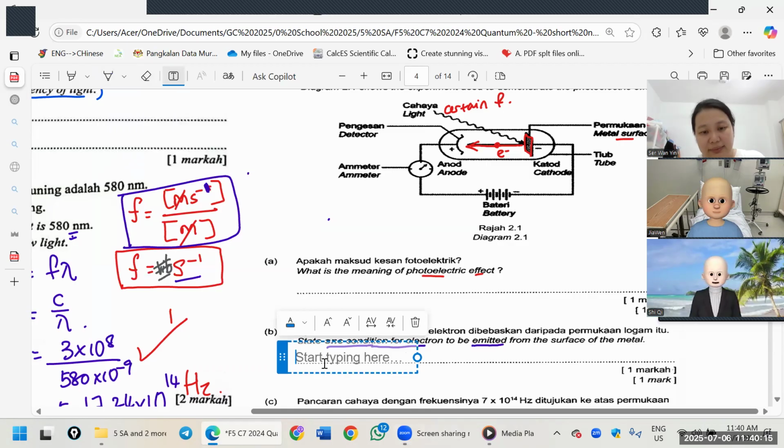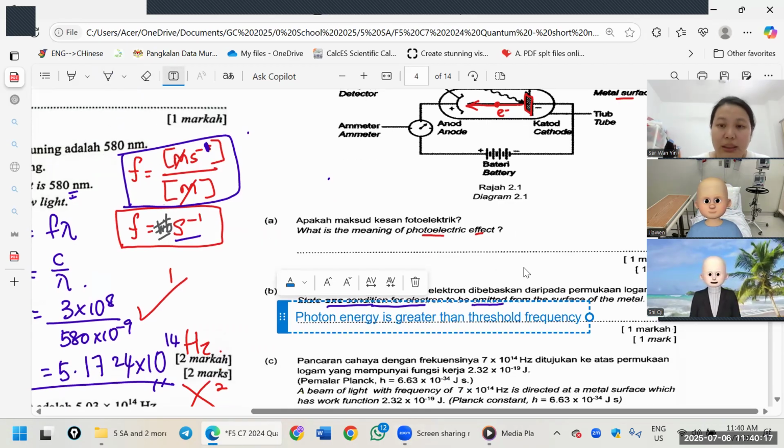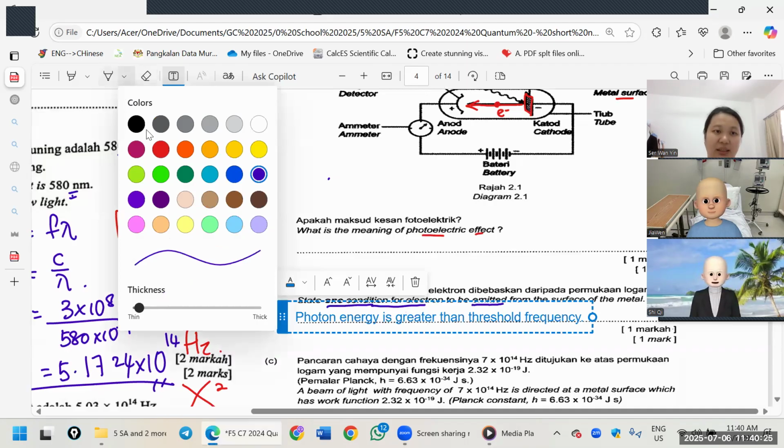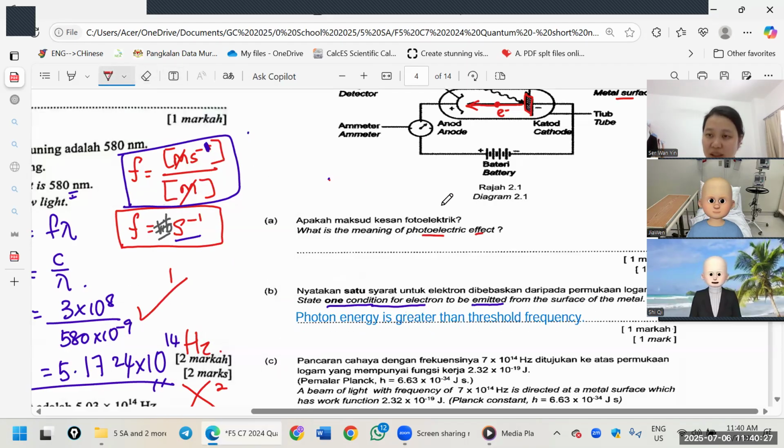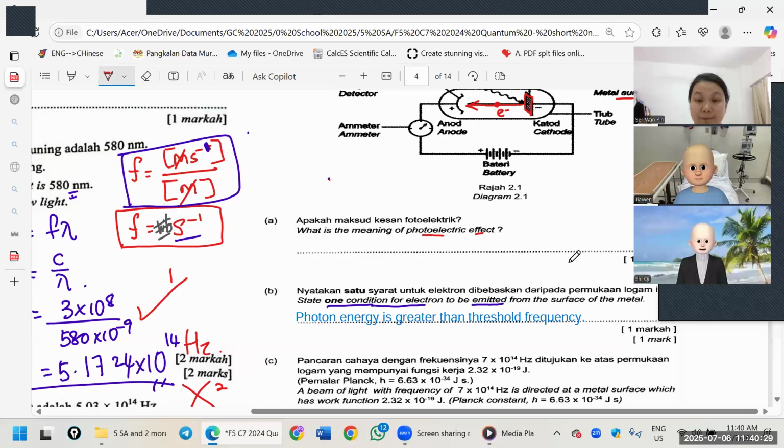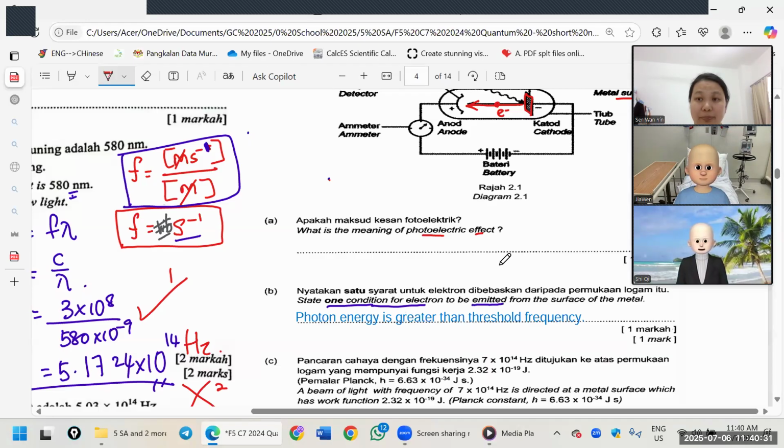Look at this sentence. Is it okay? Yes or no? Very good. You give the example.